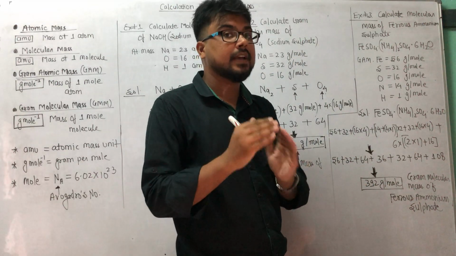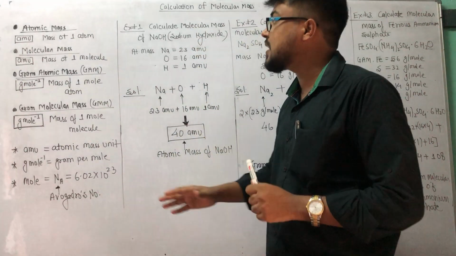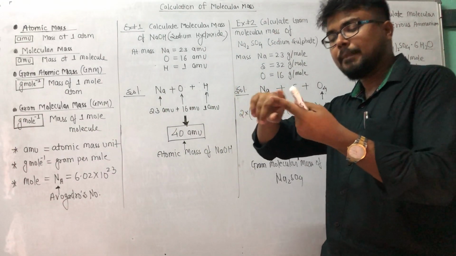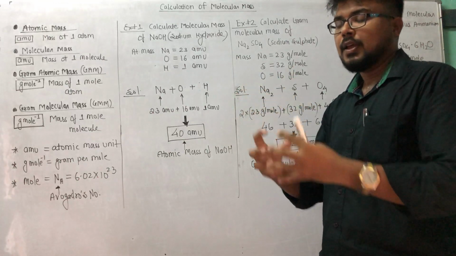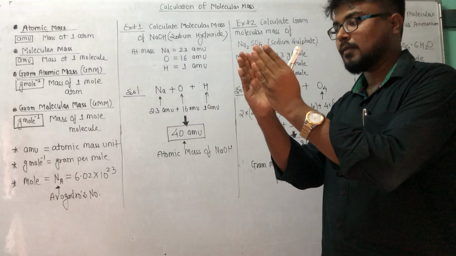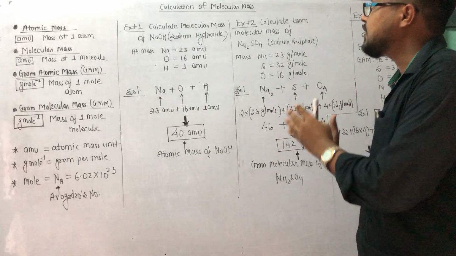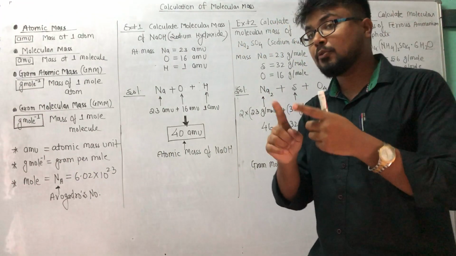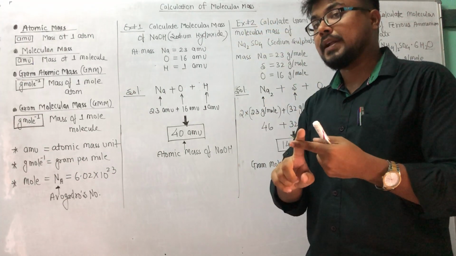So students, it's very easy to calculate molecular mass and gram molecular mass using atomic mass. Simply adopt the technique: multiplication, sum, and the final value in the form of the answer. So this is for the calculation of molecular mass using atomic mass. And remember students, you have to learn the atomic masses of elements 1 to 20.